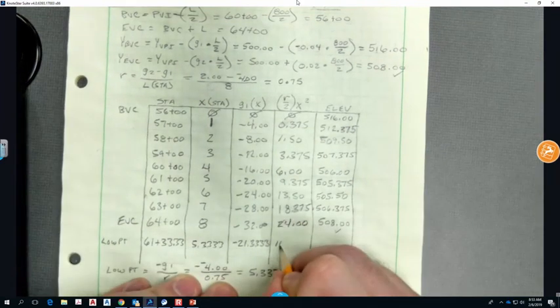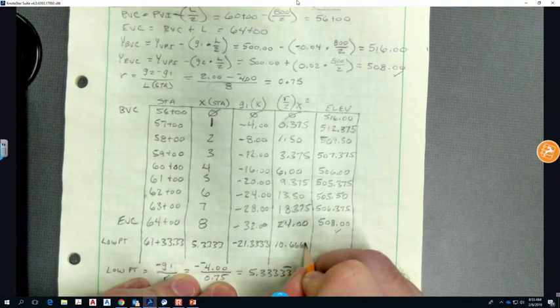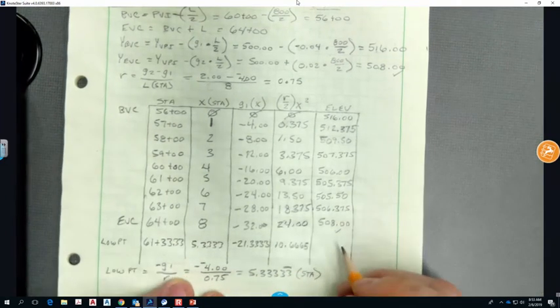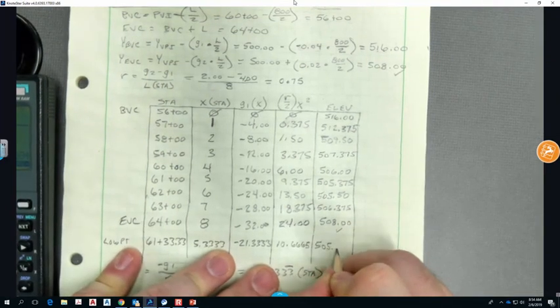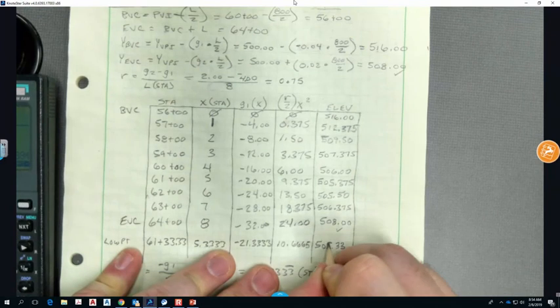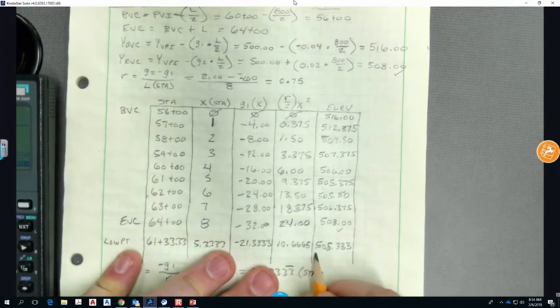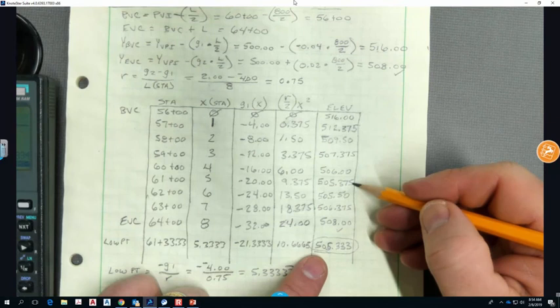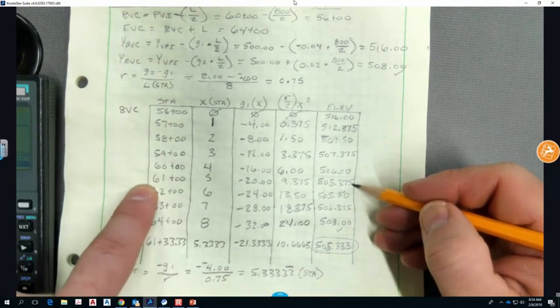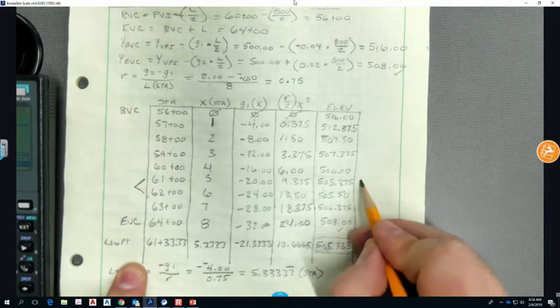So what do you guys get there? It's 10.6665, I guess. All right. So what is our elevation for our low point then? 505.333. So that is our low point. So that low point is actually occurring station-wise between these 2 points. That's where that low point is occurring, right there.